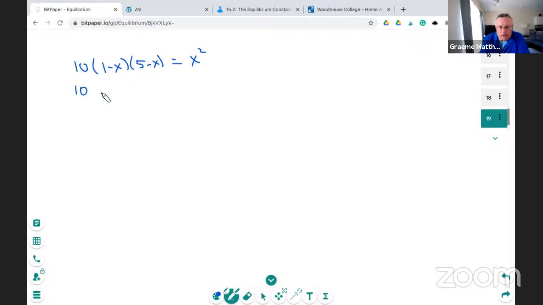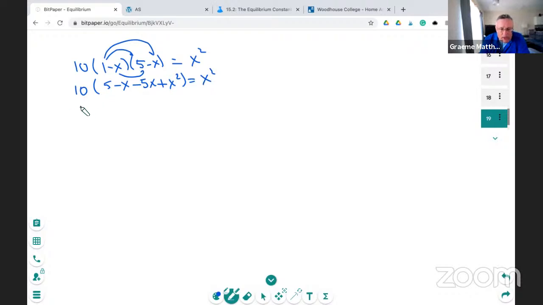So 1 times 5 is 5, and 1 times minus x is minus x, and I've got minus x times 5 is minus 5x, and then minus x times minus x is plus x squared, and this is going to be equal to x squared.